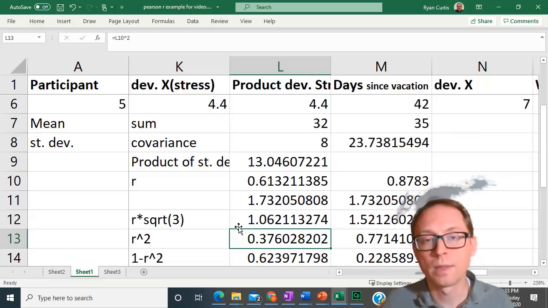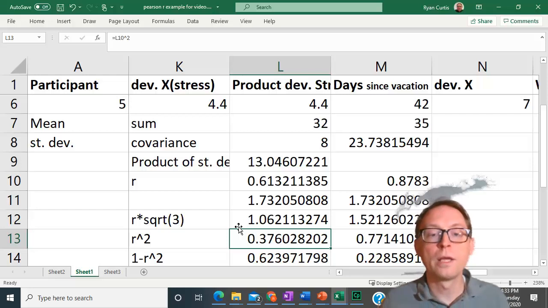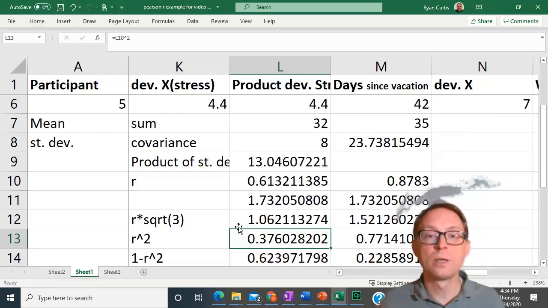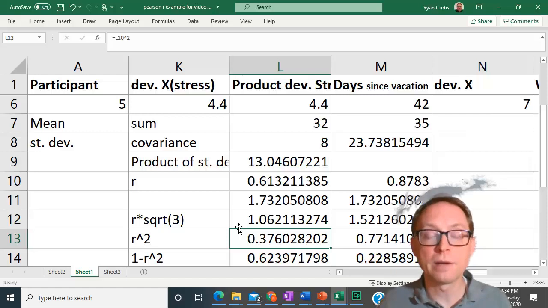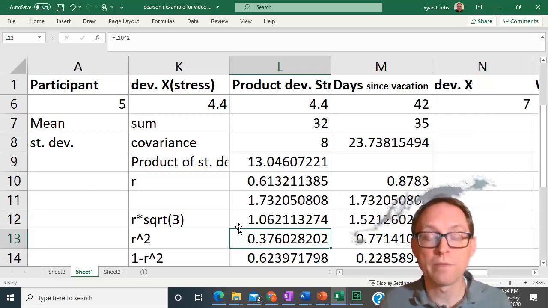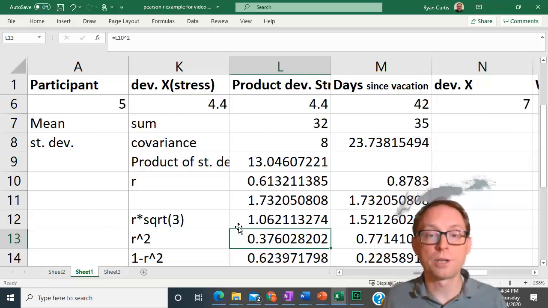So R squared is the proportion of variance in y that is accounted for by x. In this case, it's saying that about 38% of what changes your stress level is accounted for by how many weeks it's been since you had a vacation. Now that means, of course, that there's other stuff that's going to contribute to what changes your stress level.